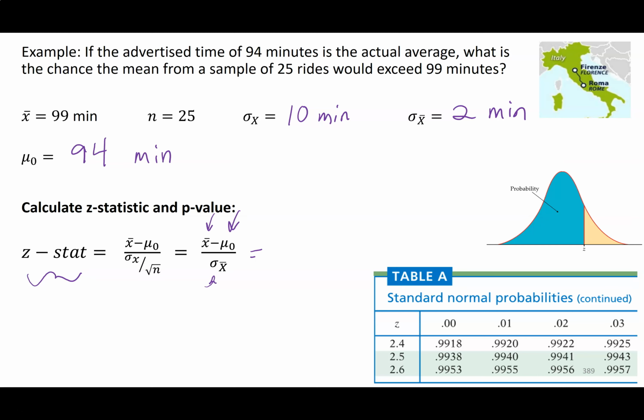The 99 is what we saw. It's higher than the average, right? So we should get a positive z test statistic. Minus the 94 that's claimed, over 2. I'm going to get something like 5 over 2, which is equal to 2.5.